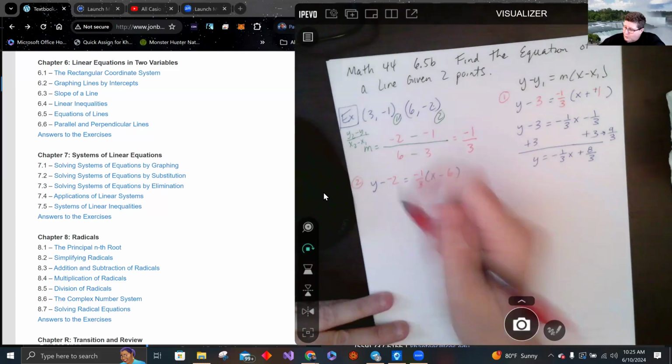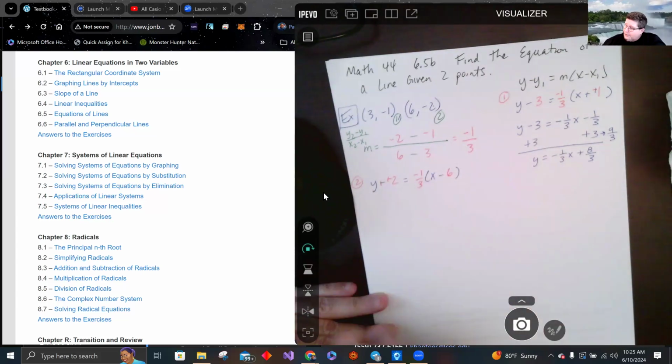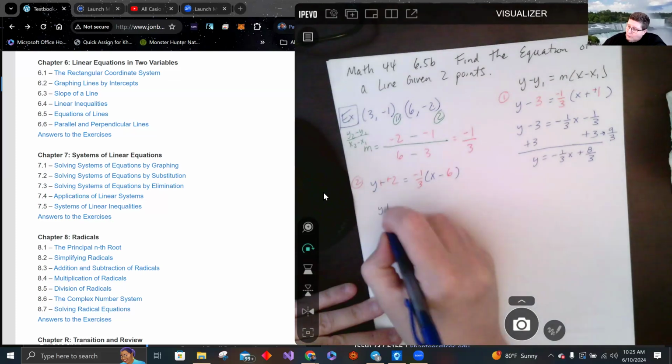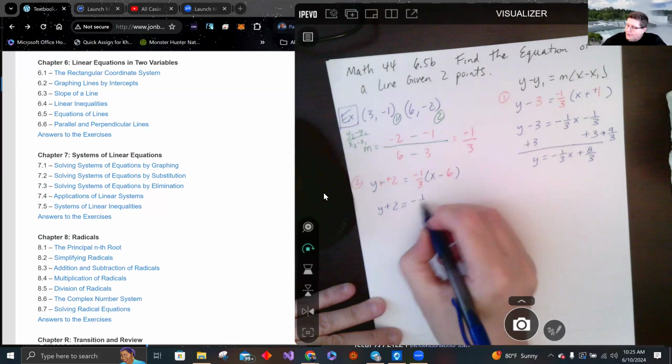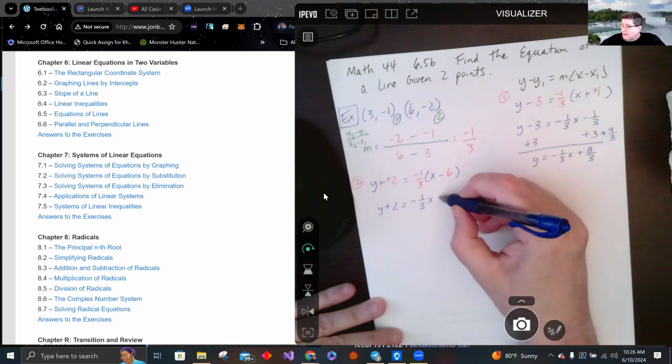So here, this one turns into a plus. I get y plus 2 equals, I distribute, I get -1/3 x plus 2.